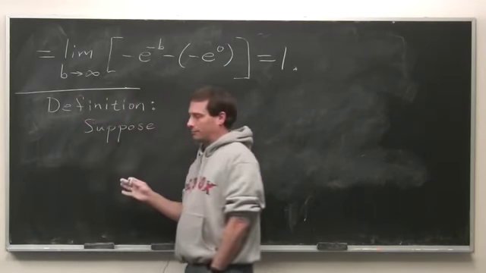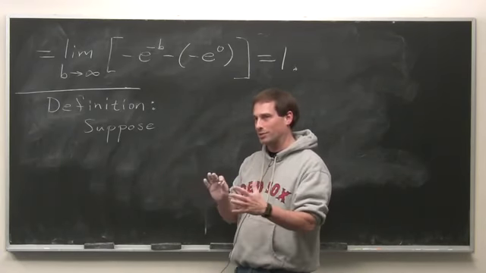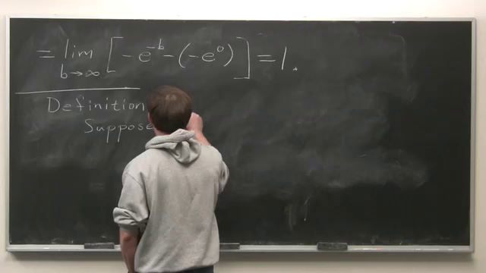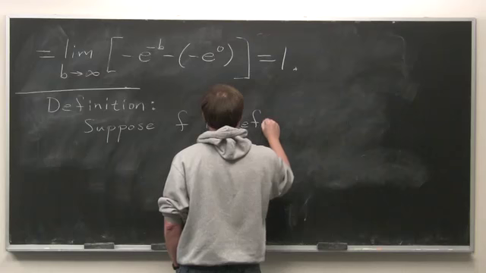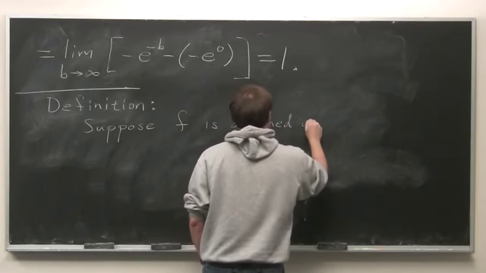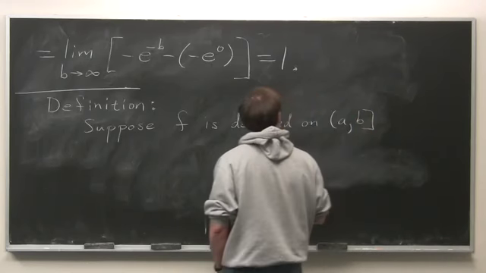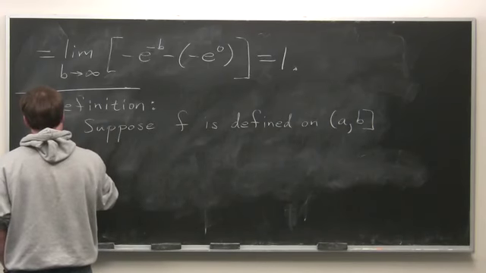I'm going to state it for half-open intervals on one side and then say how to change it for half-open intervals on the other side. So suppose f is defined on a half-open interval of the form [a, b), where a is allowed to be minus infinity.